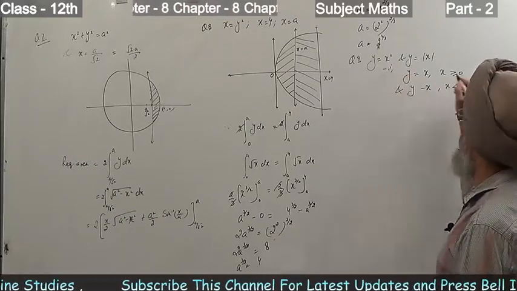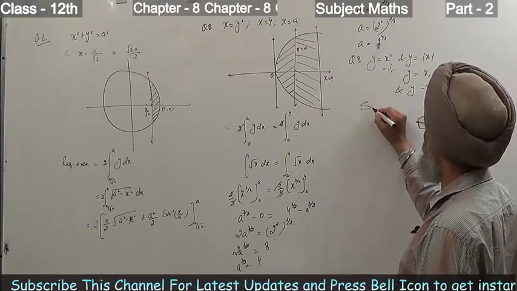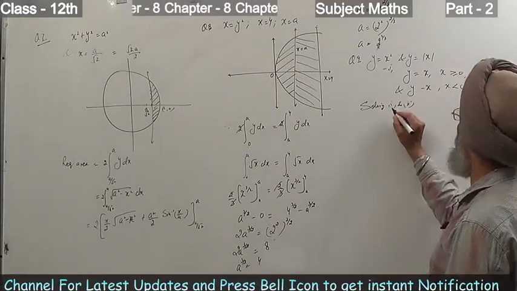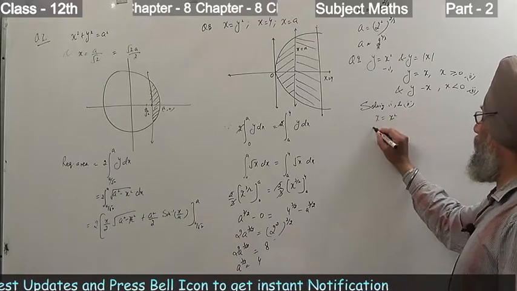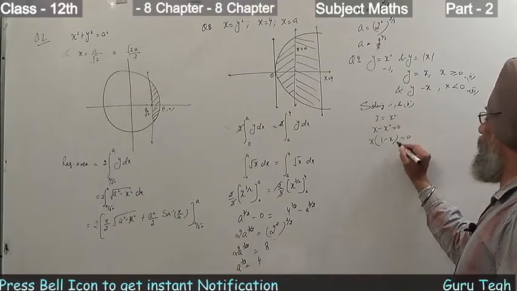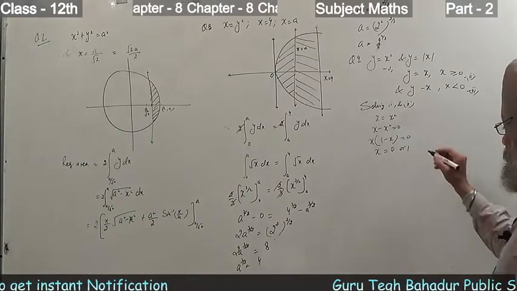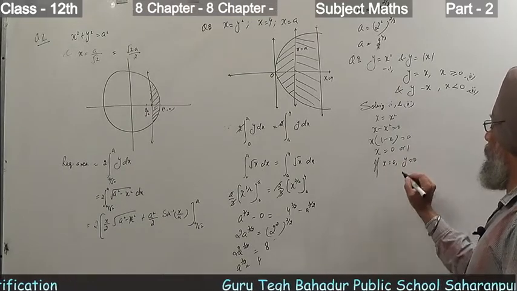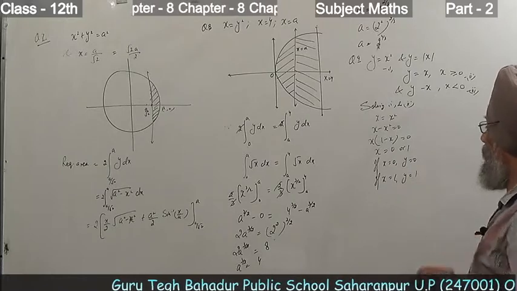If we solve this first and second, what do we get? y is equal to x square, y is equal to x, so x is equal to x square, x minus x square is 0, x common, x into 1 minus x is 0, x is 0 or 1. If the value of x is 0, y is 0, x is 1, y is equal to 1.